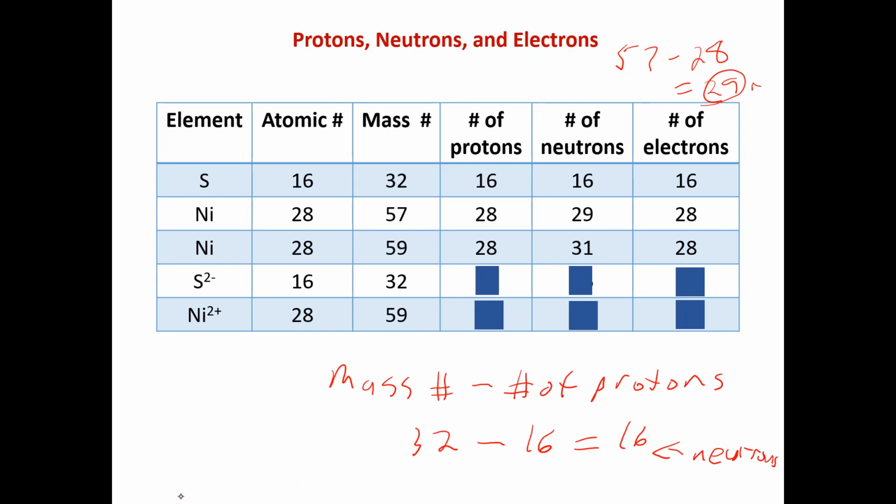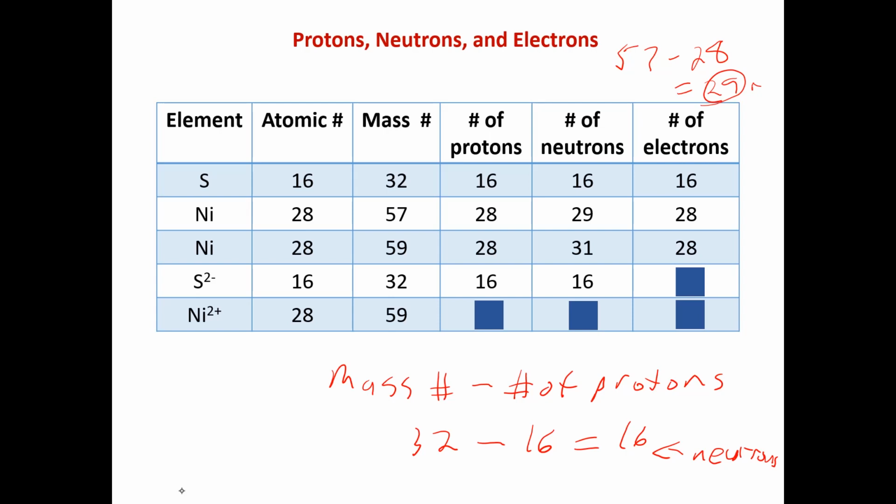Now let's look at a couple of examples that are charged. So we know that sulfur has an atomic number of 16, which means it has 16 protons. We also know that this particular atom with a mass number of 32 has 16 neutrons. But we now have a 2 negative charge.